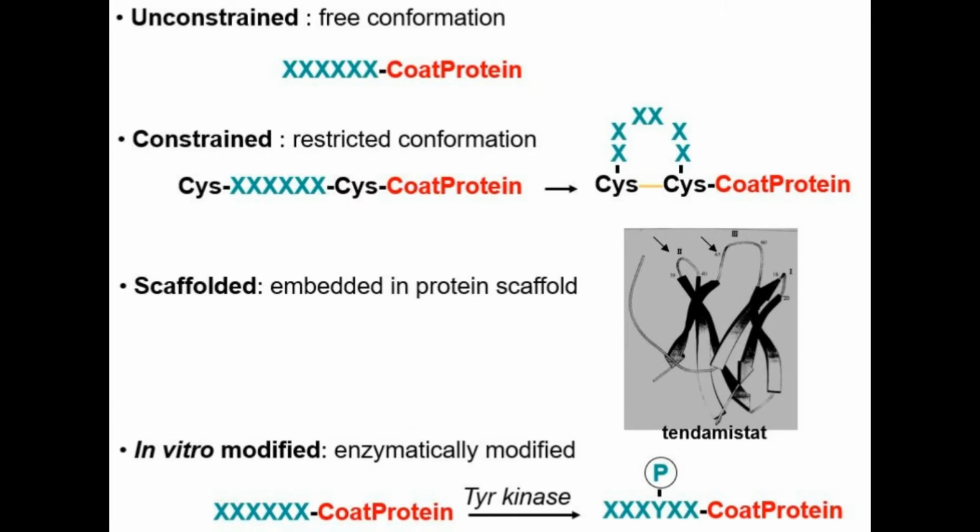Then we have a constrained state, where we have a cysteine-bound peptide sequence joined to the coat protein. This might even create some sort of a kink or a shape to the given peptide sequence. Then we have the scaffolded state, where we have the peptide sequence embedded inside a protein scaffold.